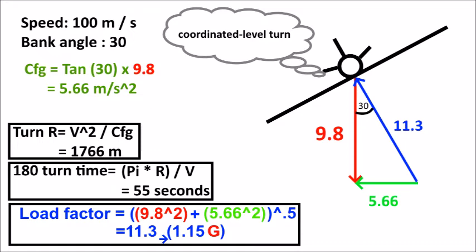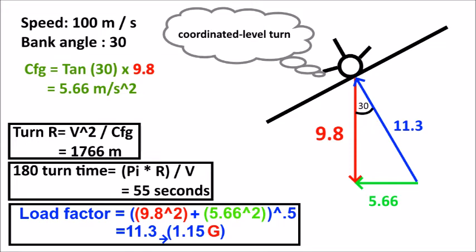If you hop in a merry-go-round or in a car and you're turning, and you know the radius of the turn and you know the speed of the vehicle, you can calculate the centrifugal force, or you can call it the centrifugal acceleration. And this acceleration is horizontal, and as you see in the example, it's 5.66.